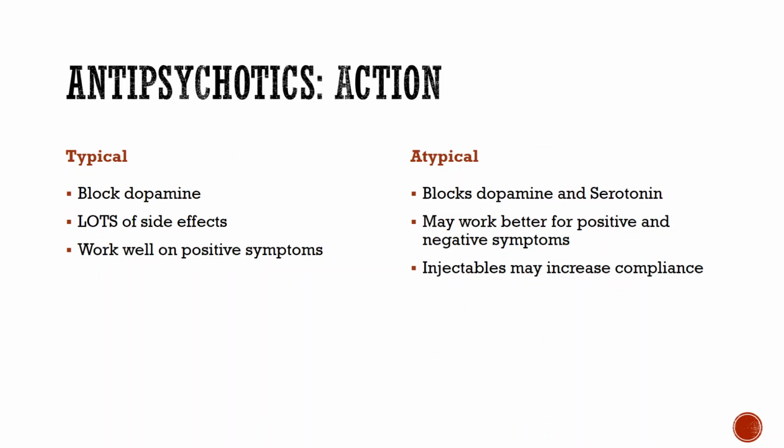And our typical antipsychotics are going to work only on that dopamine level. They do have lots of side effects that we should be aware of, and like I said, they work really well on the positive symptoms. Our atypical is going to work both on the dopamine and serotonin level by blocking. They may work better for symptoms, positive and negative symptoms. So you can see why we like these drugs a lot better.